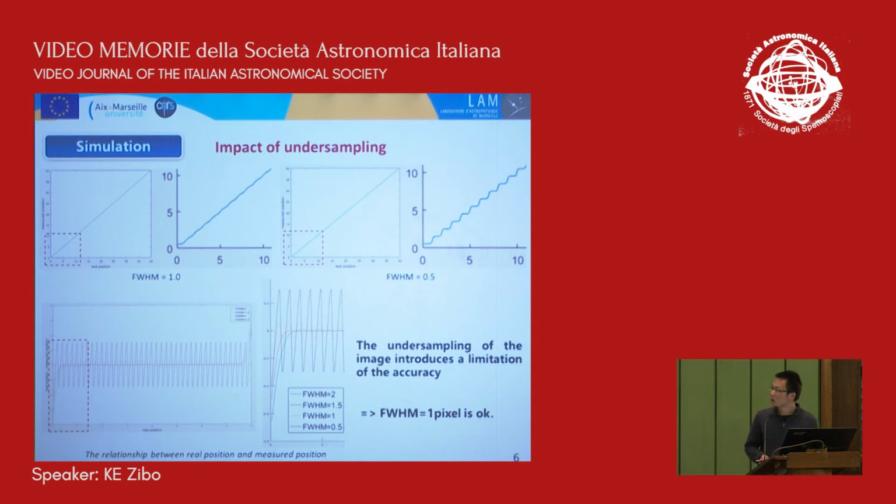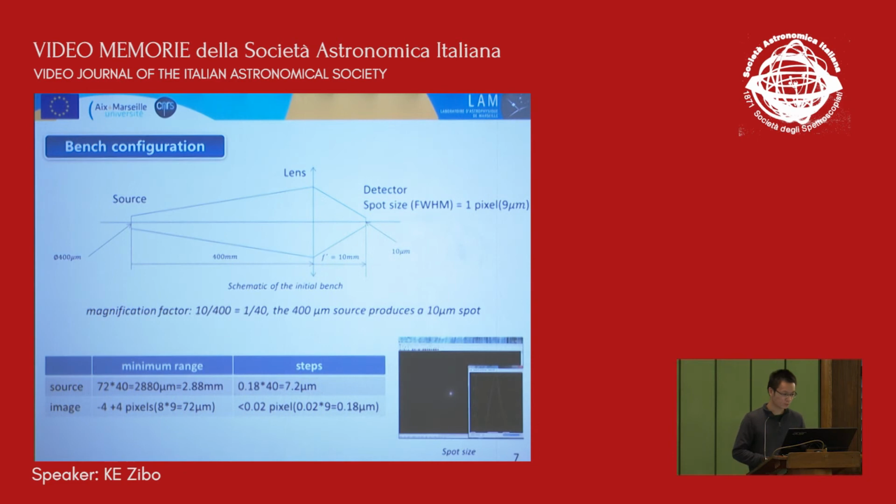And according to the comparison between the real position and the measured position at different full widths at half maximum, we can see when we choose it equal to 1 pixel, this result is good. So the undersampling of the image introduces a limitation of the accuracy.